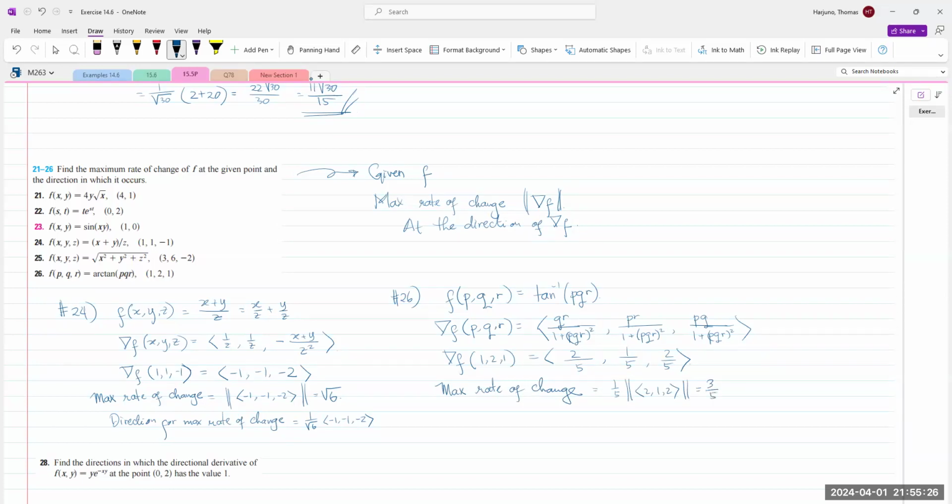At most, it changes by 3/5 in the direction of 1/3 of (2, 1, 2). Okay, so this is the maximum rate of change in this direction.